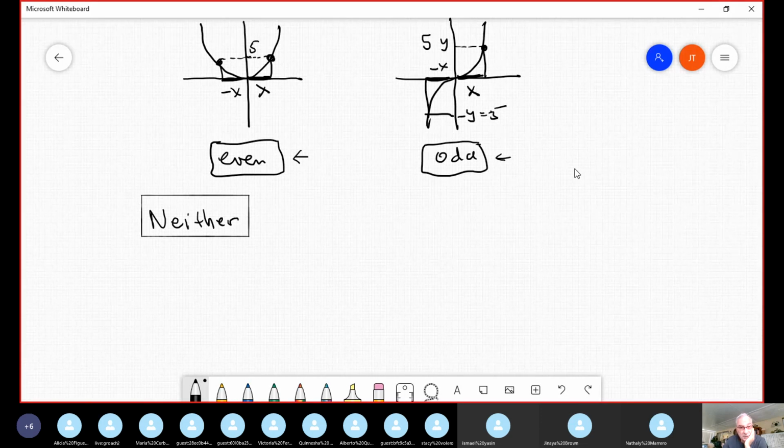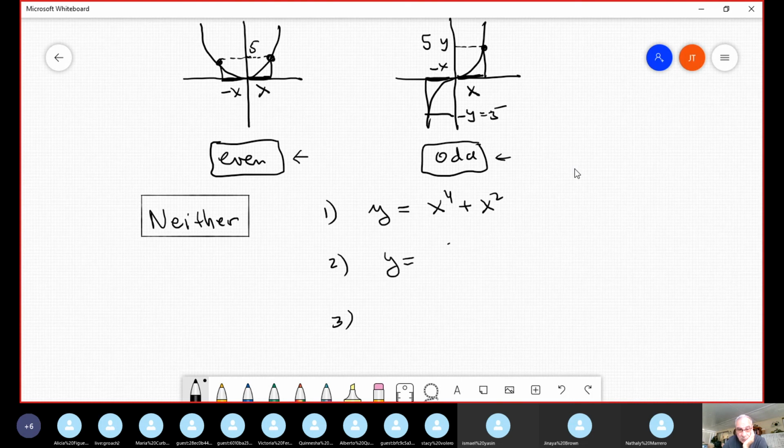Okay, suppose 3 examples. 1, 2, 3. Suppose y equals x to the 4th power plus x to the 2nd power. Suppose y equals 2x to the cubic power divided by x to the 2nd power plus 1.